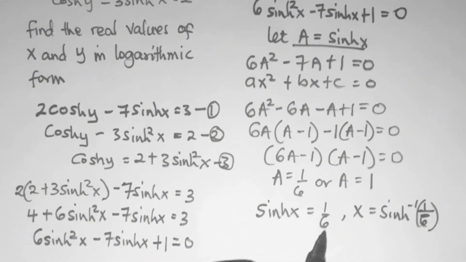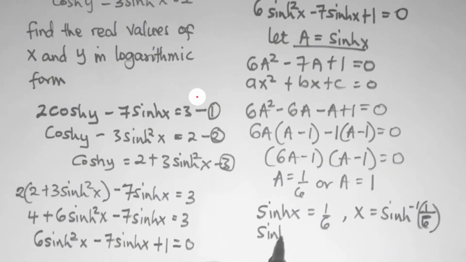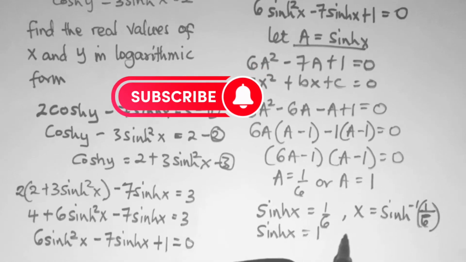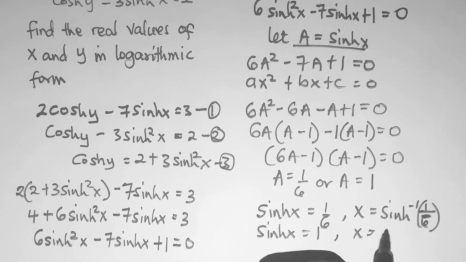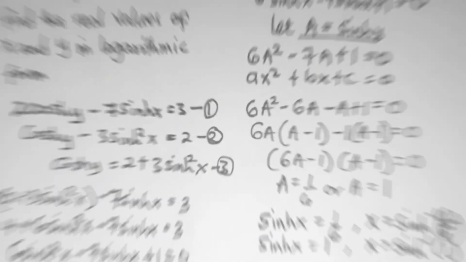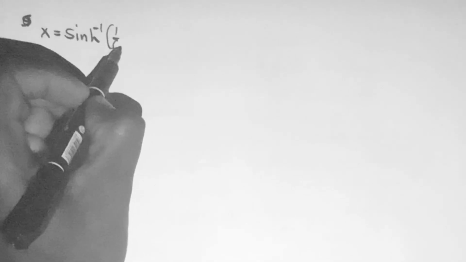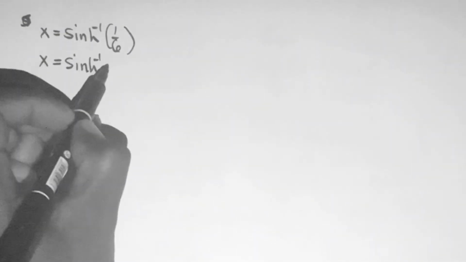Or we have sinh x equals 1, so x is equal to sinh inverse of 1. Continuing from where we left off, we have x equals sinh inverse of 1 over 6, and x also equals sinh inverse of 1.